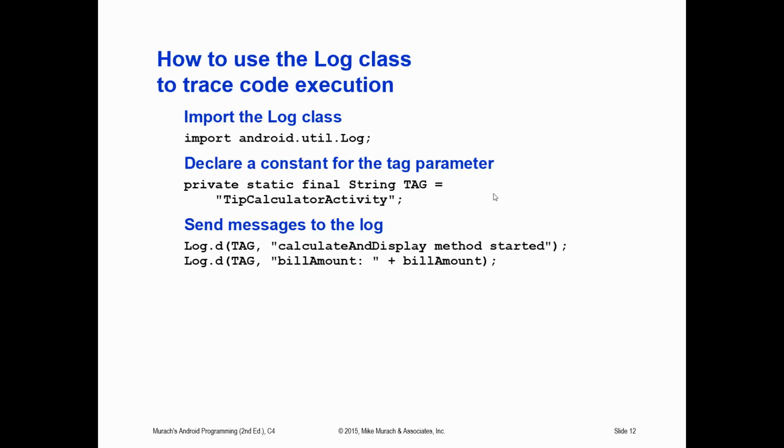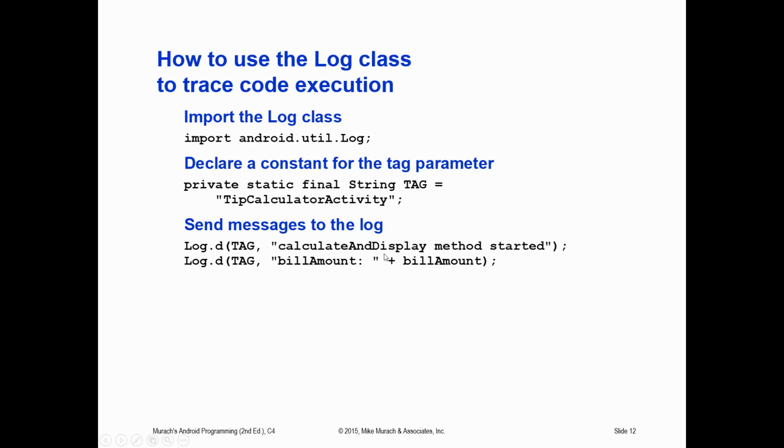Now, when you're going to use this, you want to make sure to import android.util.Log. And what we're doing here is setting up that tag parameter right there. So what are we doing here? Well, you'll notice these are just log statements with D for debug.